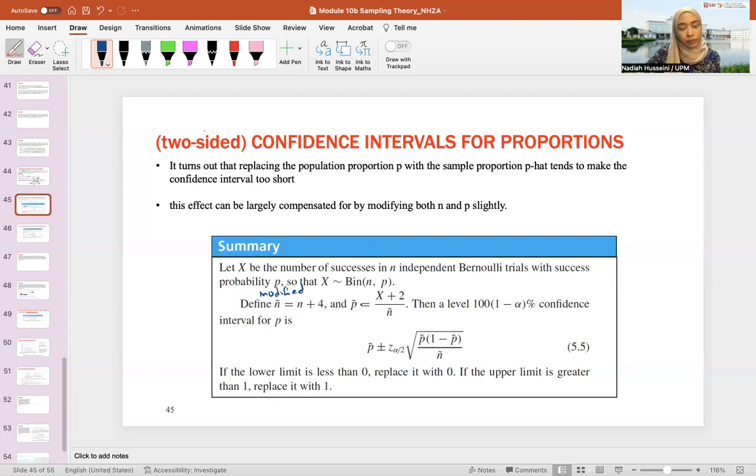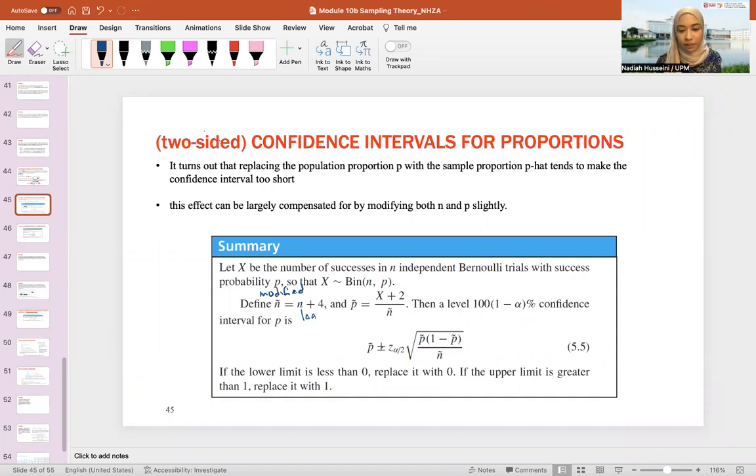And then this is our modified P, which is the 120 that we talked about earlier, 120 plus 2, which is 122, divided by 144 plus 4, so 148.